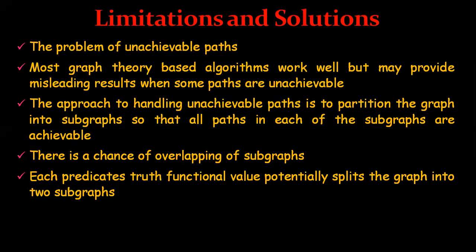Here the path may be common to several different subgraphs, so in this particular case there is a chance of overlapping of the subgraphs. Each predicate truth-functional value is potentially going to split the graph into two subgraphs. That is what we have to understand.